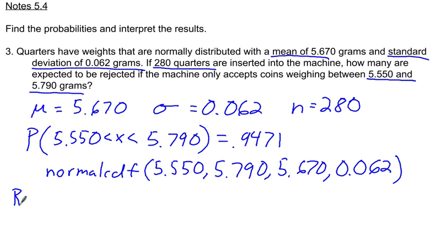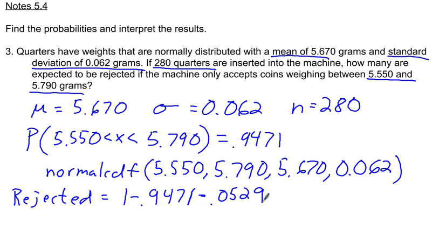So if we want to find the probability that a single quarter is rejected, we take 1 minus that probability, and that is 0.0529. Finally, if we want to know the number of quarters that are rejected, we multiply that by the number of quarters, and that comes out to approximately 15 quarters.